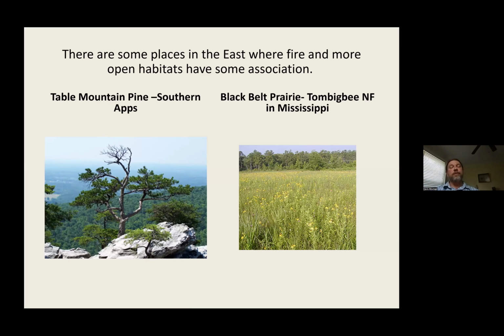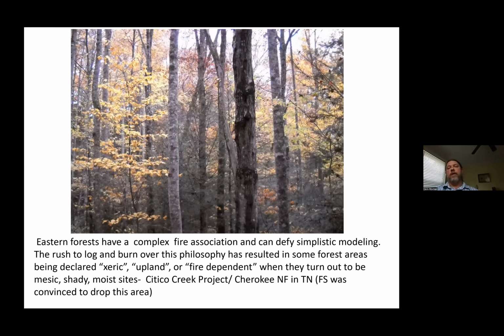Now, some places in the East definitely have a fairly well-established fire association, like Black Belt prairie remnants that you'll see in the Tombigbee in Mississippi, or those Table Mountain pine forest communities on really dry, craggy mountain sites in certain little spots in the southern Appalachians.